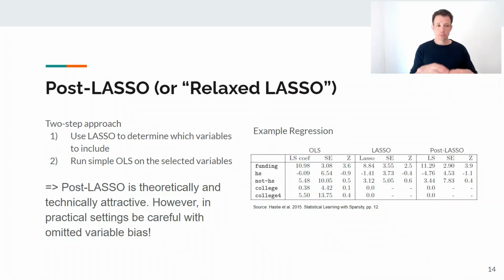So post-Lasso is attractive, but it should be used with care, and you should really make sure that you understand its limitations. Ideally, we have an approach that is more robust than this post-Lasso approach, and that's what we will discuss next.